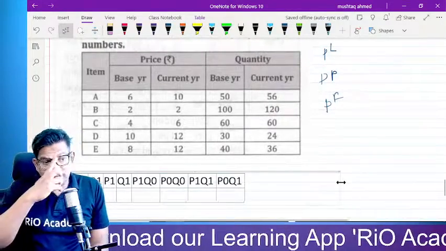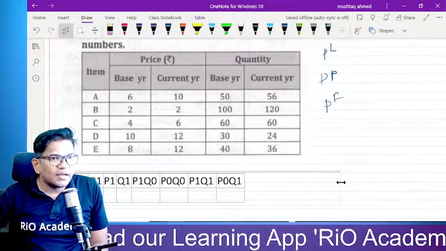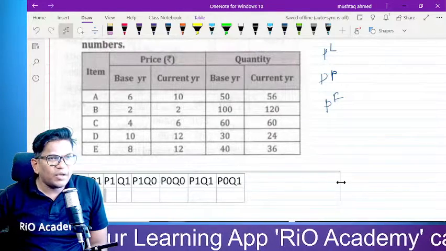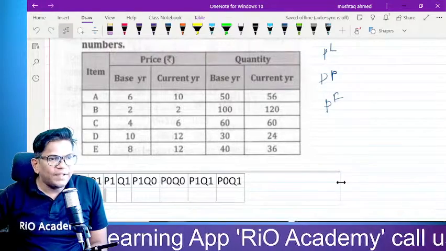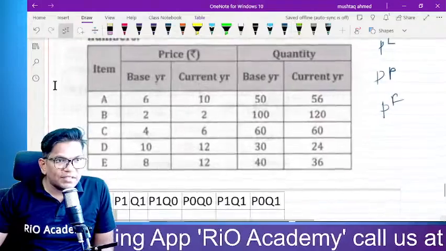Let's start. Current year they given, 10 base, 50 they given, right? While solving the problems we need to be very serious.